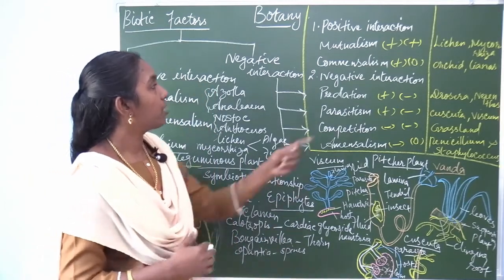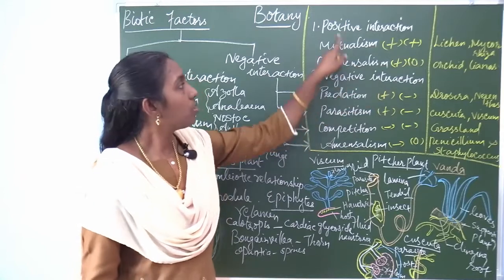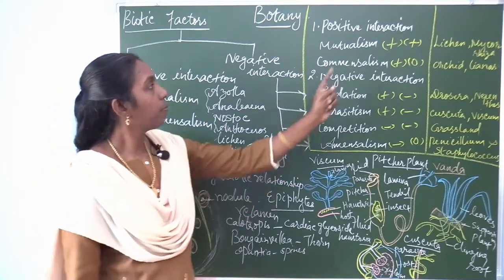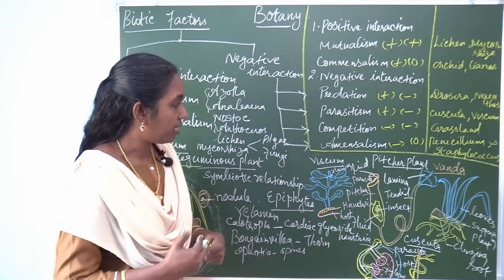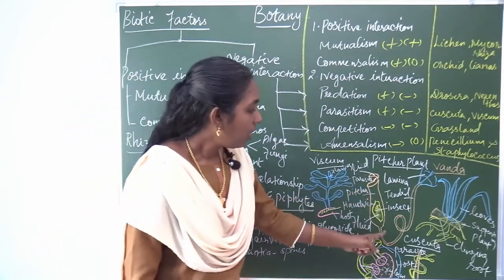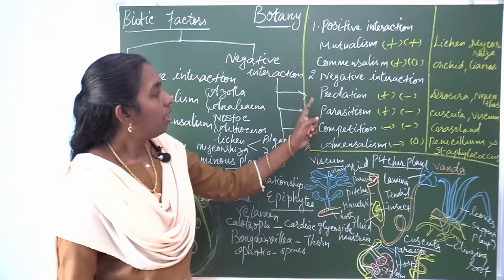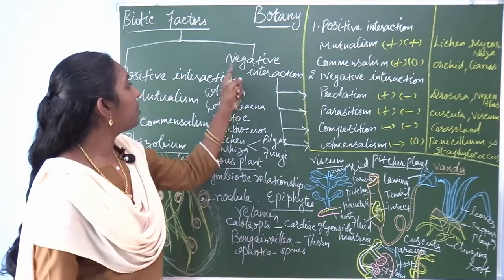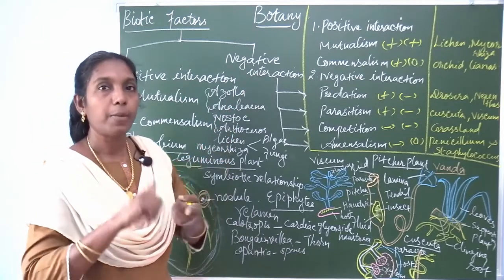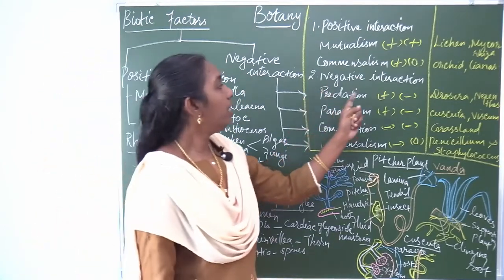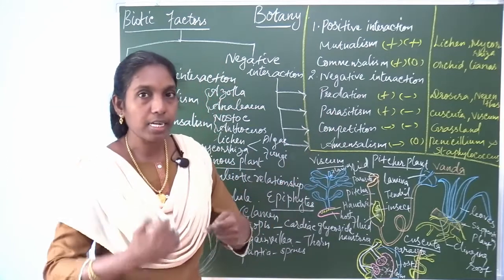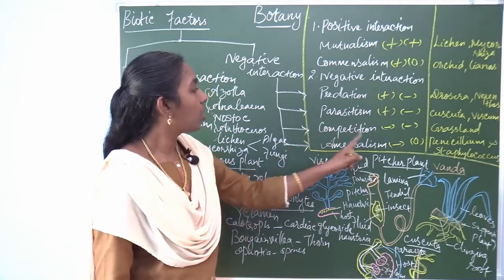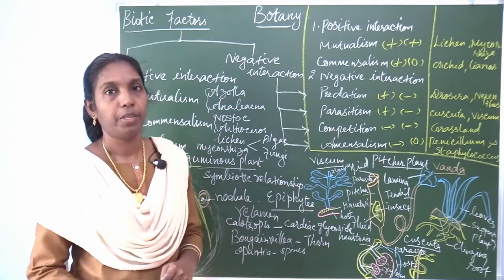The second type of interaction is negative interaction. Mutualism and commensalism were the examples for positive interaction. Now negative interactions. There are two types, positive interaction and negative interaction. Negative interactions are again classified into predation, parasitism, competition and amensalism.